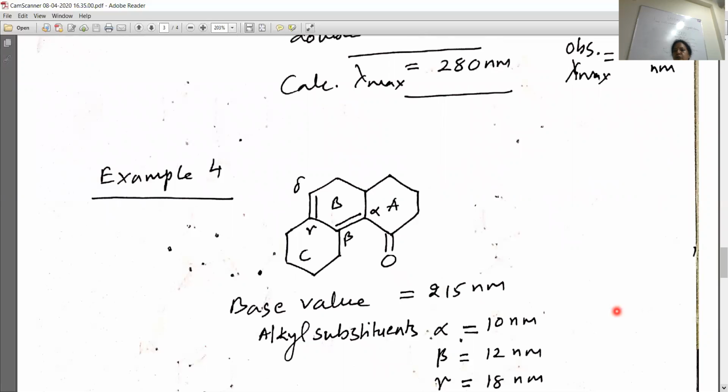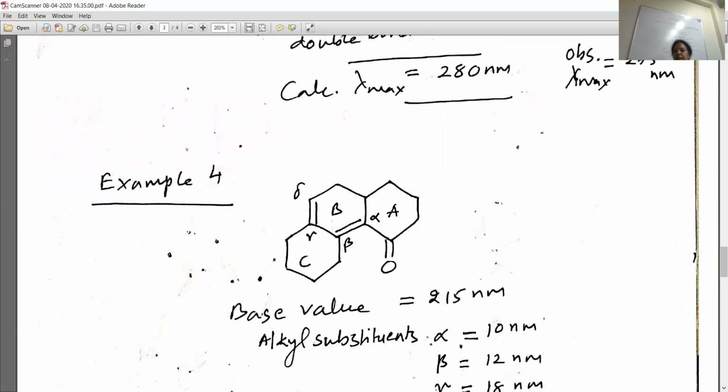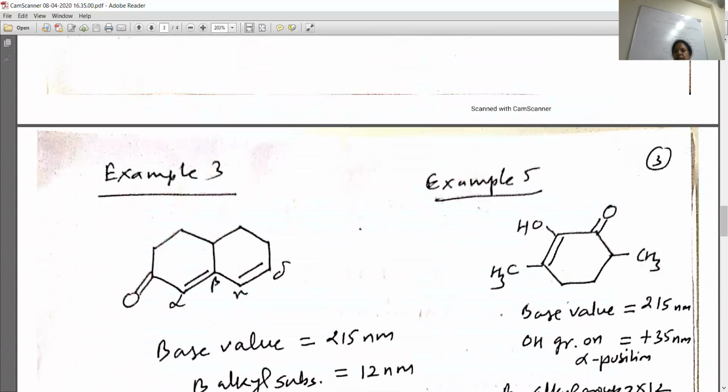Here, suppose in an example it is given that this lambda max is taken in some solvent, suppose it is given water solvent. So we have to do solvent correction also. Here, solvent correction values I had not mentioned, otherwise you can note them down. For solvent correction, ethanol, methanol have 0, water has -8.